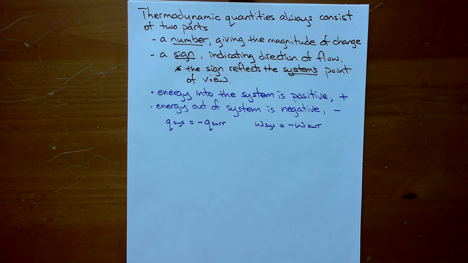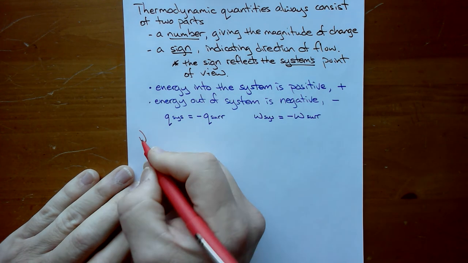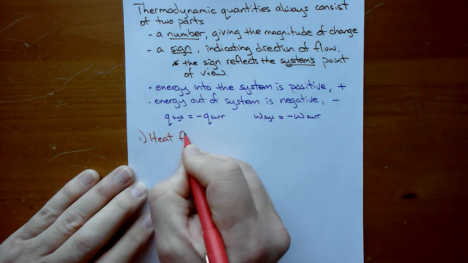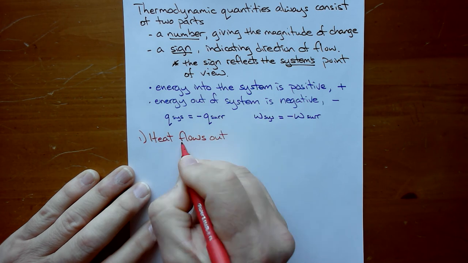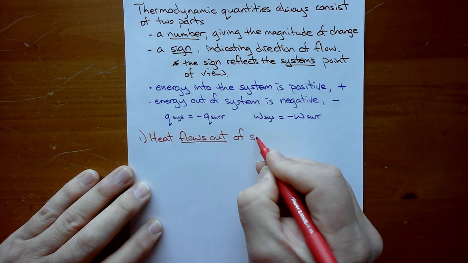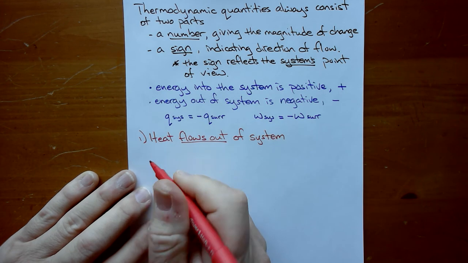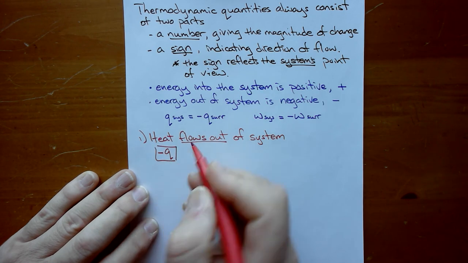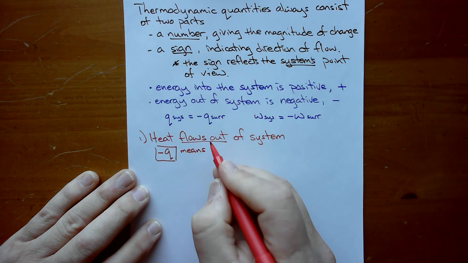So let's go through this. Heat flows, let's look at heat and then work. So 1, if heat flows out of the system, so let's look at it as heat flows out of system, we have a negative Q, and it means system loses energy.